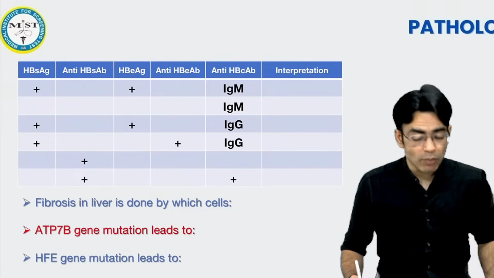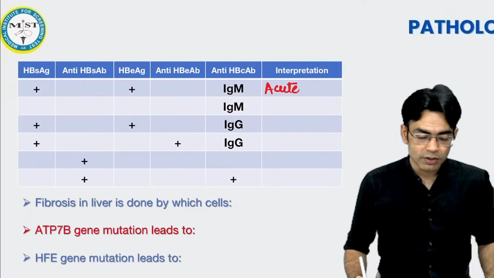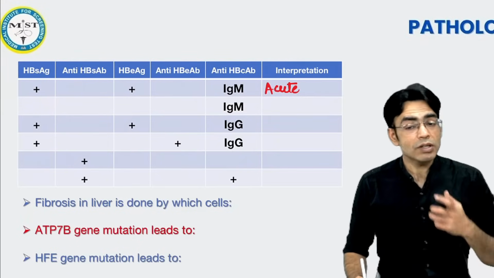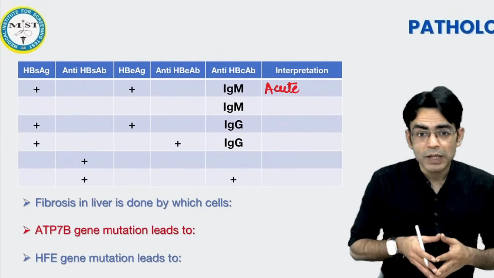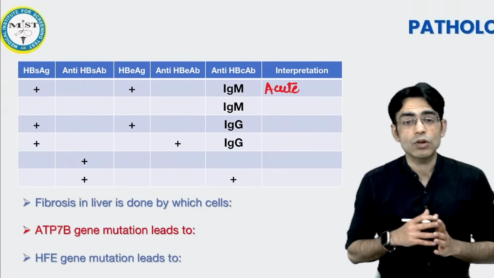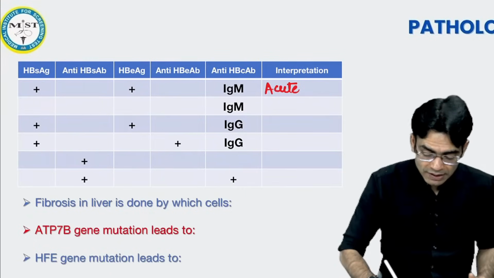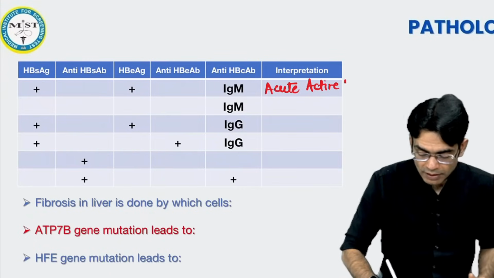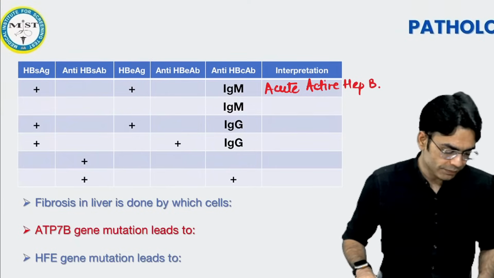If a core antibody is IgM, it needs to be, very good, acute. And because surface antigen is positive, obviously it is hepatitis B, and the envelope antigen is also positive, so virus is multiplying. So this is acute active Hep B, or you can just write acute Hep B.